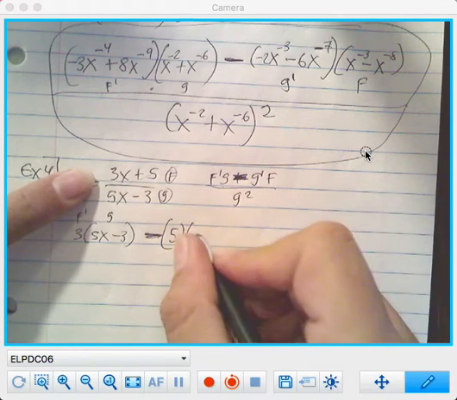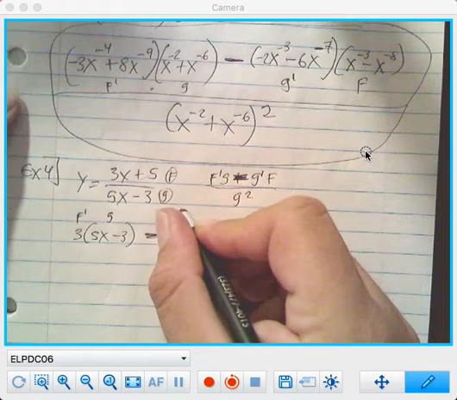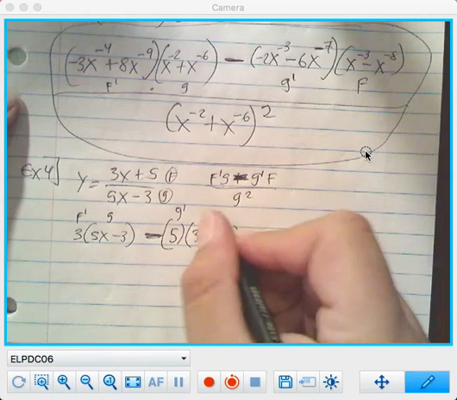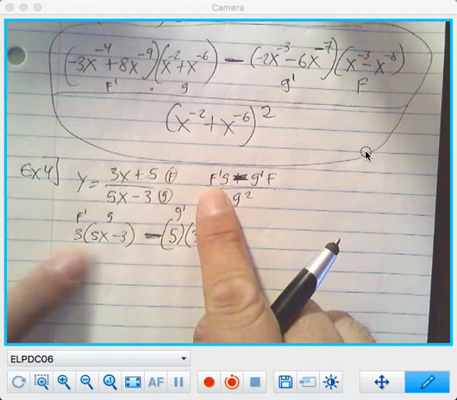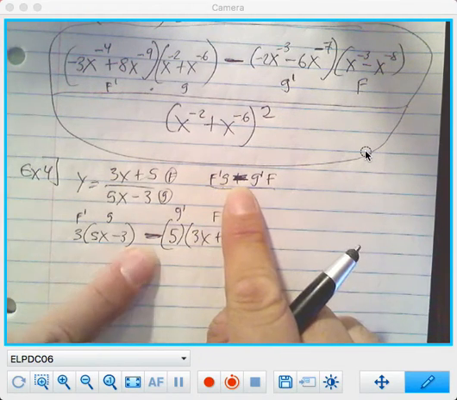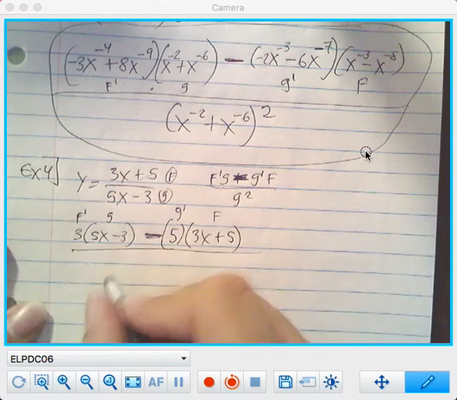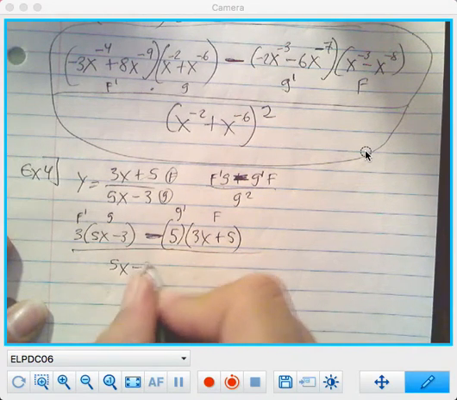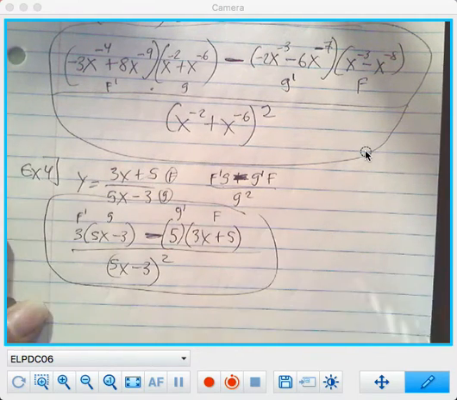F, 3x plus 5. Okay, you see, g prime f. Am I done? F prime g minus g prime f. Okay, and then denominator 5x minus 3 quantity squared. That's it.